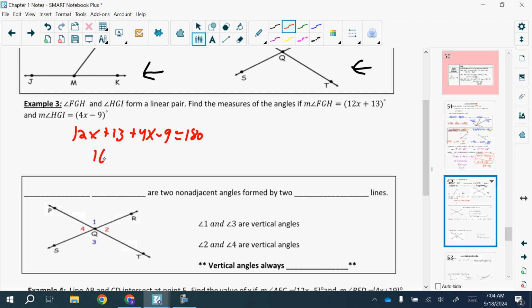Combine your like terms. Subtract your 4. Divide your 16 over. And once you divide your 16 over, you get 11. So now, to get the measure of the angles, just plug x in.